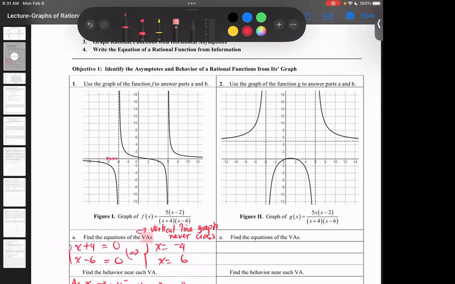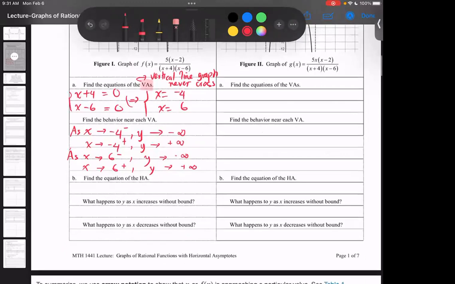So when x approaches negative infinity, meaning it's decreasing without bound. When x approaches negative infinity, it's the same thing as saying it's decreasing without bound. Highlight that. Then y approaches 0.